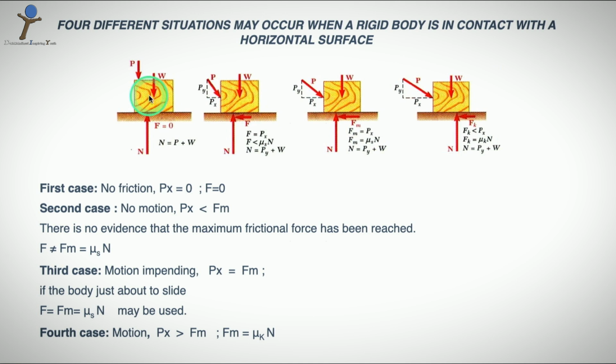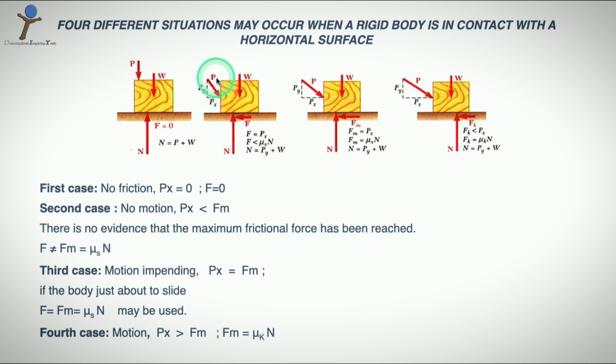Hence, Px, the resolved component of P in the x direction, is 0 and the frictional force is also 0. Coming to the second case, P is pushing the body towards the right. P is applied at a smaller angle with the horizontal line.